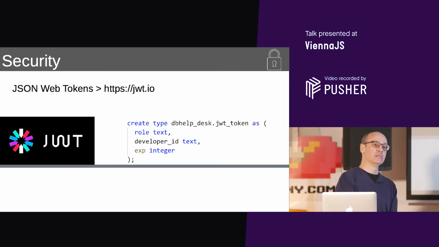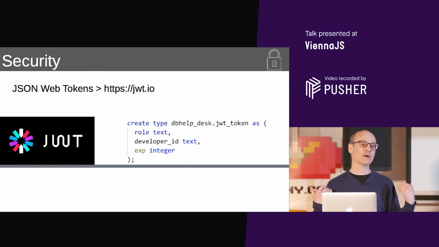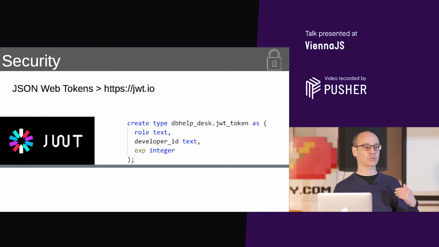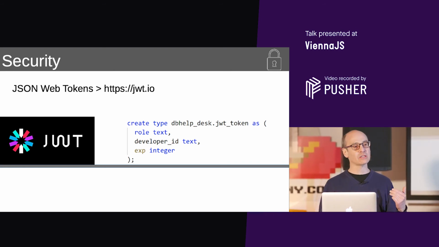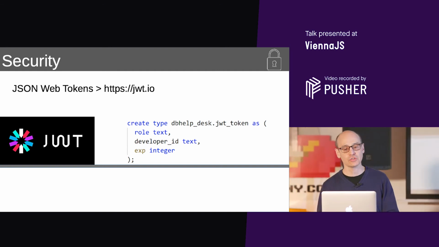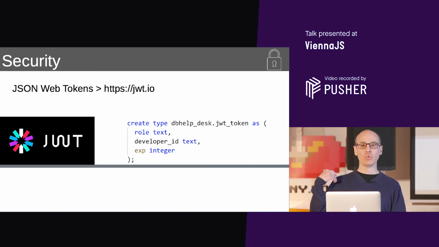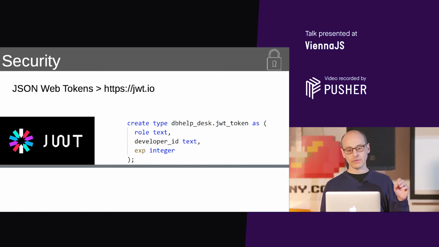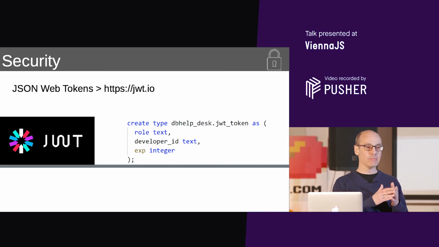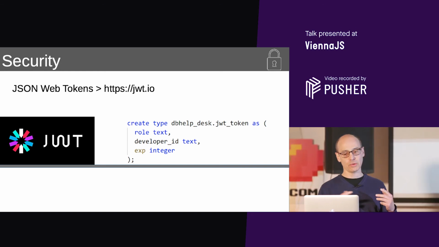The next step is that once you have defined this, in Postgraphile you have different alternatives to handle the authentication. But one of the alternatives, the one that comes out of the box within Postgraphile, is using JSON Web Tokens. The way that you create JSON Web Tokens is that first you define within Postgres a type that is going to have all the fields that you're going to have in your JSON Web Tokens.